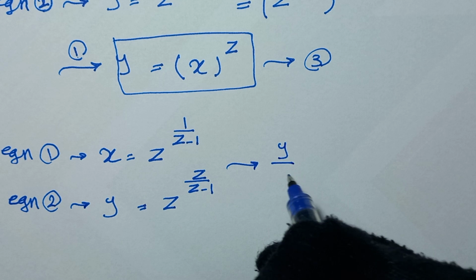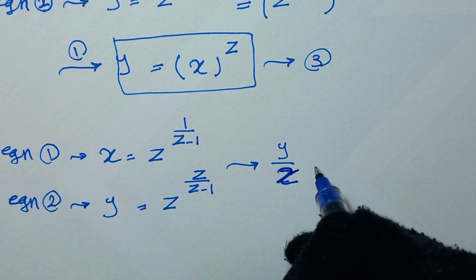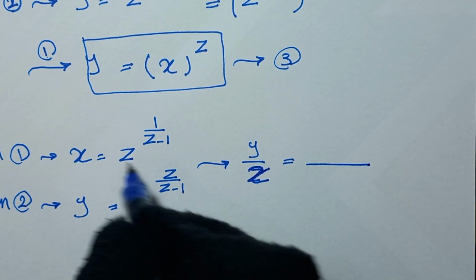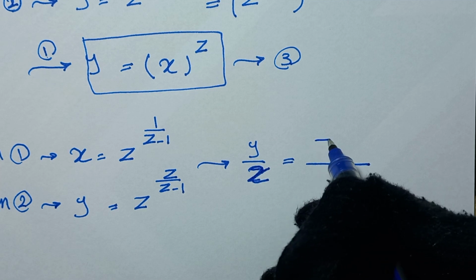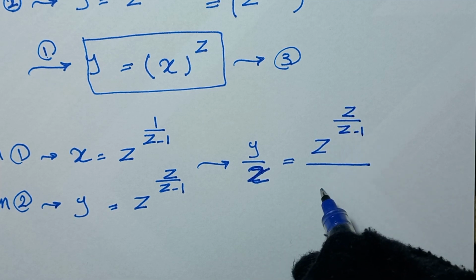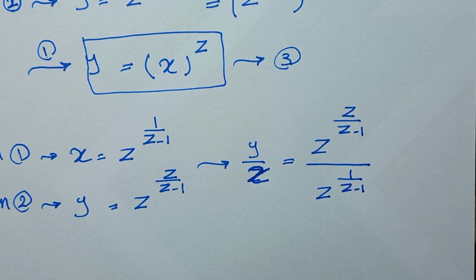y over x is equal to this over this, right? So we write z to the power of z over z minus 1, over z to the power of 1 over z minus 1, right?